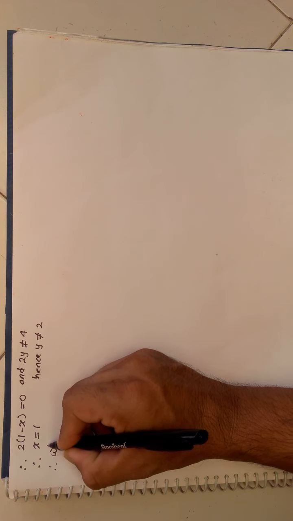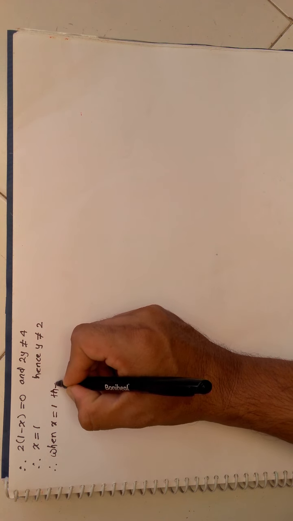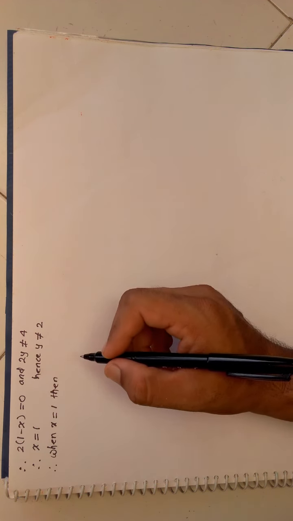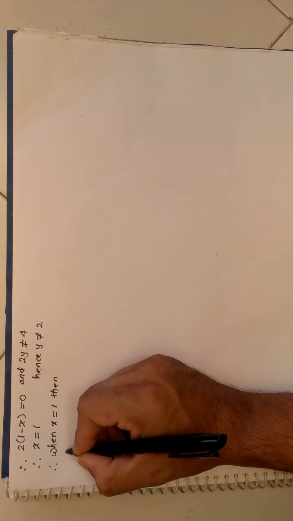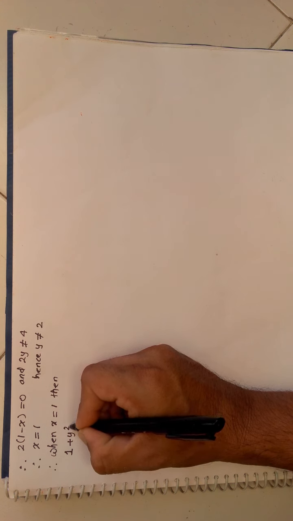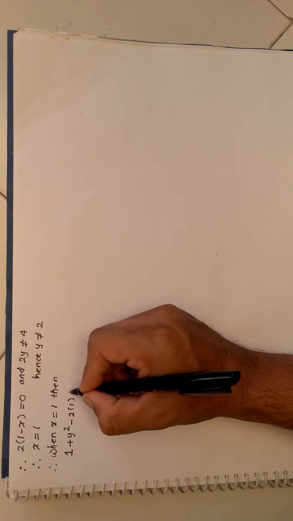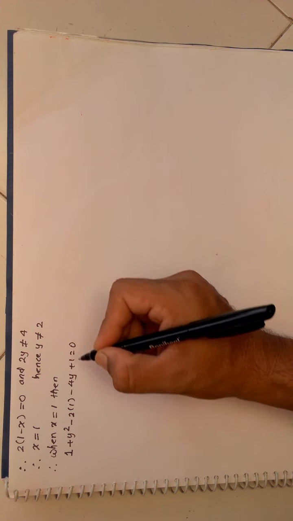When x is equal to 1, in the equation of the curve we get 1 plus y square minus 2 into 1 minus 4y plus 1 is equal to 0.